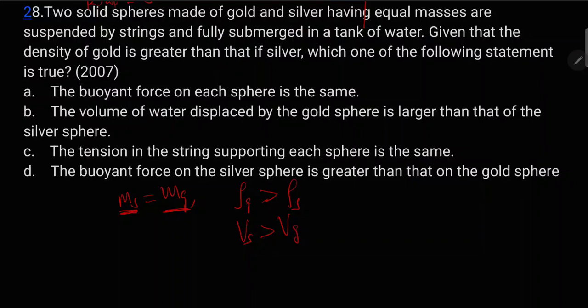Why? Because this one is more dense, so if it is more dense, the volume is smaller since the masses are equal, right? If it is less dense, the volume is larger. If volume of the silver is greater than volume of the gold, then buoyancy force acting on the silver is greater than buoyancy force acting on the gold. It depends on density and volume, so the less the density, the more volume it has. So the buoyancy force on the silver sphere is greater than that on the gold sphere. It is d.